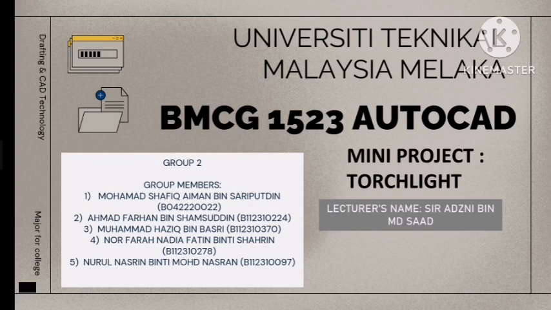Ahmad Farhan bin Shamsuddin, nombor metrik B1123102224. 3. Muhammad Aziz bin Basri, nombor metrik B11231037. 4. Nur Farah Nadia Fatin binti Syahrin, nombor metrik B11231028.